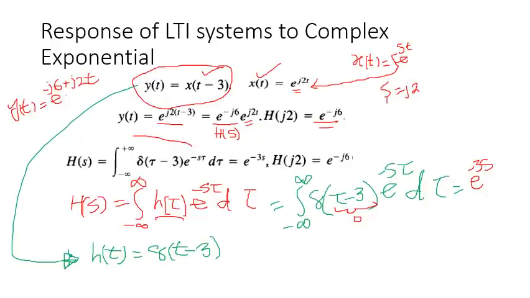So that means h of 2j will be equal to e power minus j6. Okay, so I think it is quite straightforward.